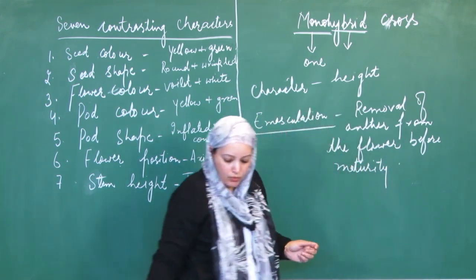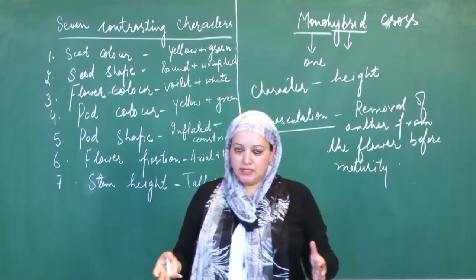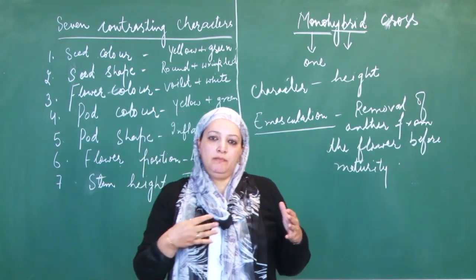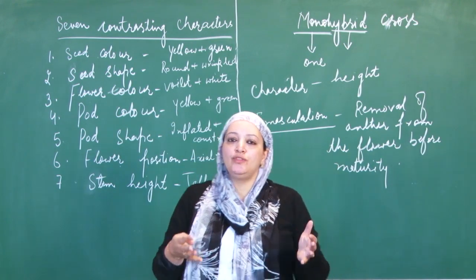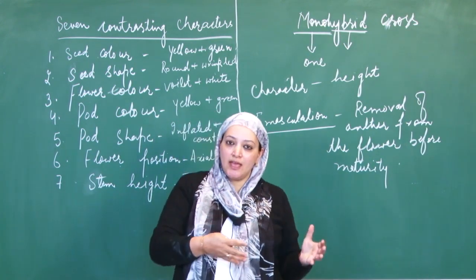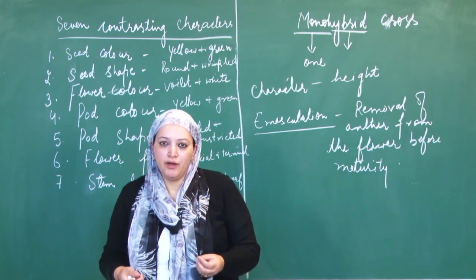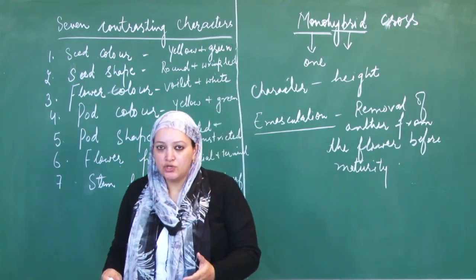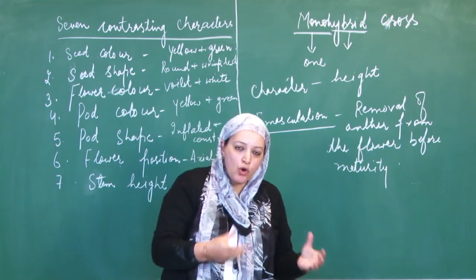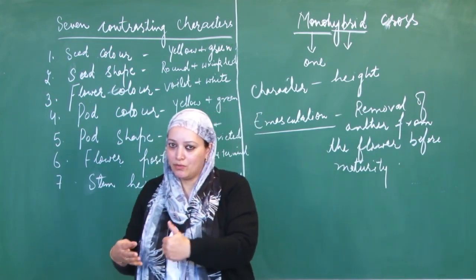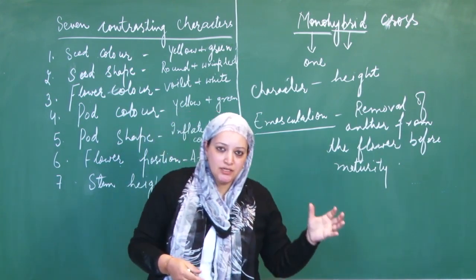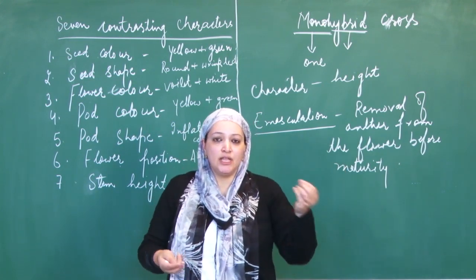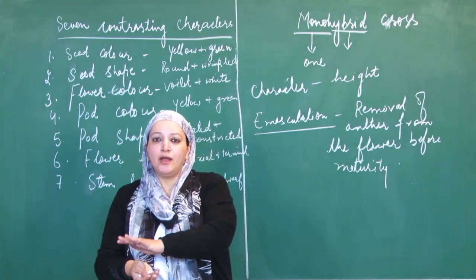So to get a pure variety of the pea plants, he removed the anther from the flower before maturity, and when the flower became mature, he dusted the pollens of the required variety. He dusted the pollen from other pure variety to get a pure hybrid.